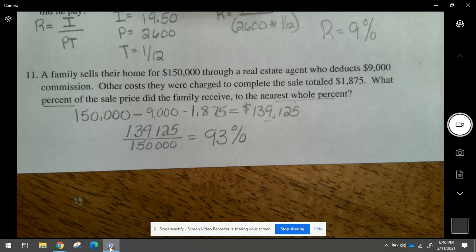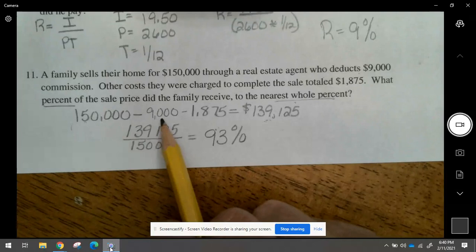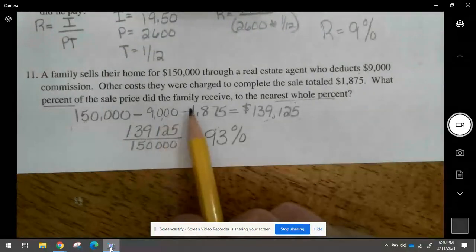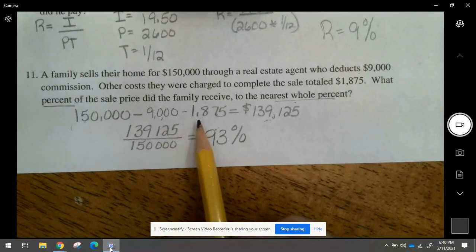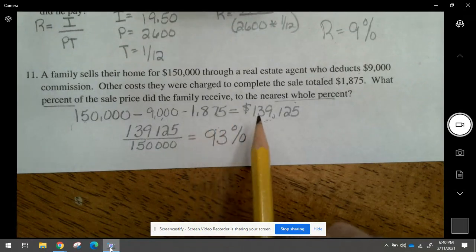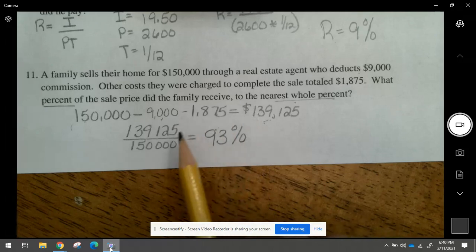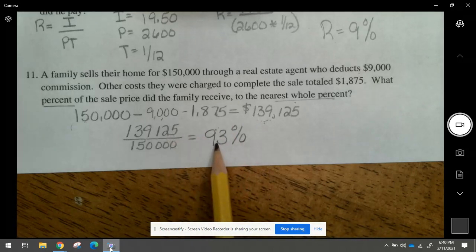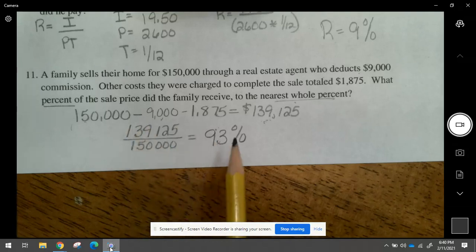We take the $150,000 and we deduct off the $9,000 that was paid to the real estate agent for making the sale. And then these are probably closing costs, I would imagine. It doesn't tell us that, I'm just assuming. So the family takes this amount home. This is what they get. So this divided by the total will give you our percent. Okay, so this is the percentage of the sale that they received.